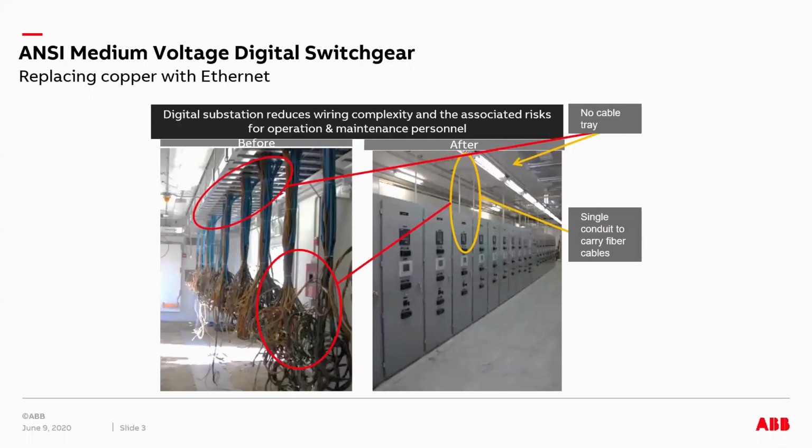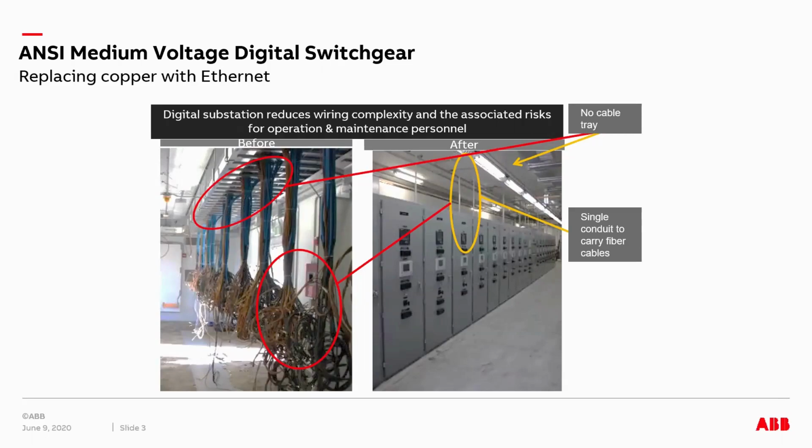Digital switchgear is in the picture here on the right. There are no cable trays, just a single conduit to carry fiber optic cables. So that's all we're talking about. It becomes a very neat execution, and obviously there are many other benefits we will go through one by one in the upcoming slides.